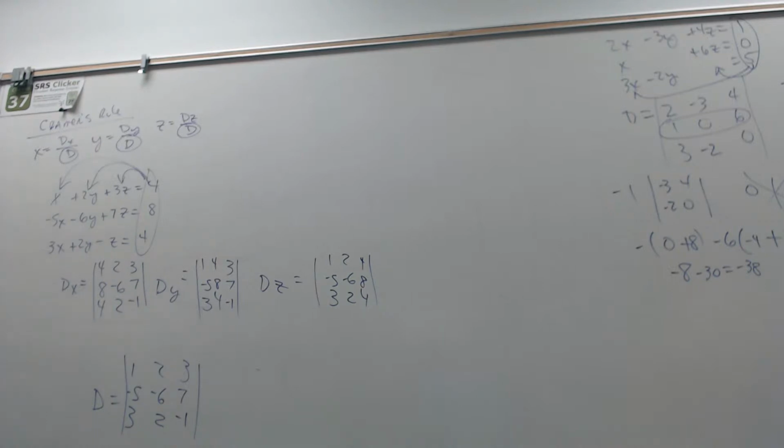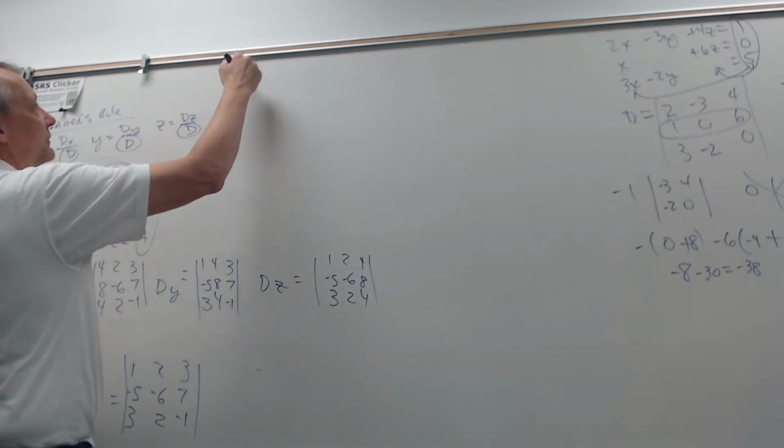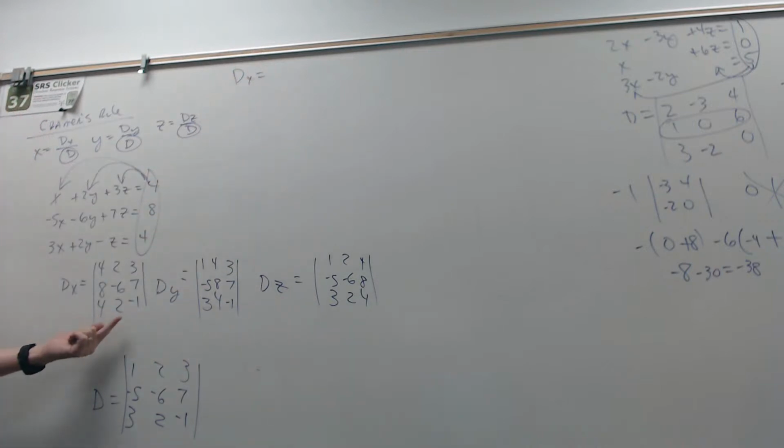Okay, so let's figure out DX. We've got to turn a 3x3 into 3 2x2s. So which row or column looks best? And it's probably none of the above. We might need a calculator for this one, because I made it up. And it might be really ugly, but that's okay.